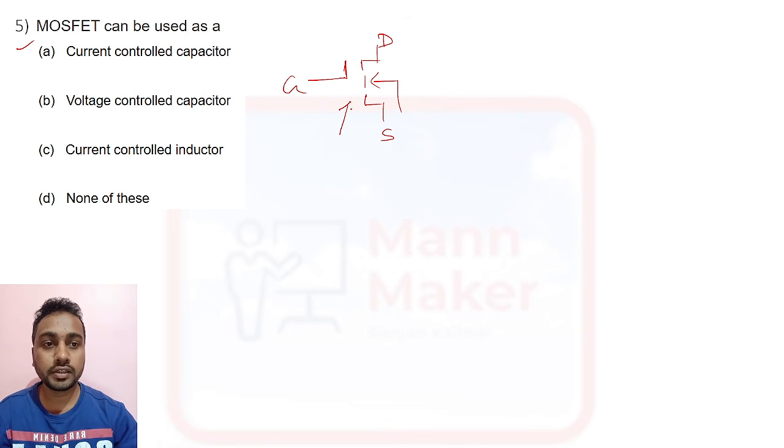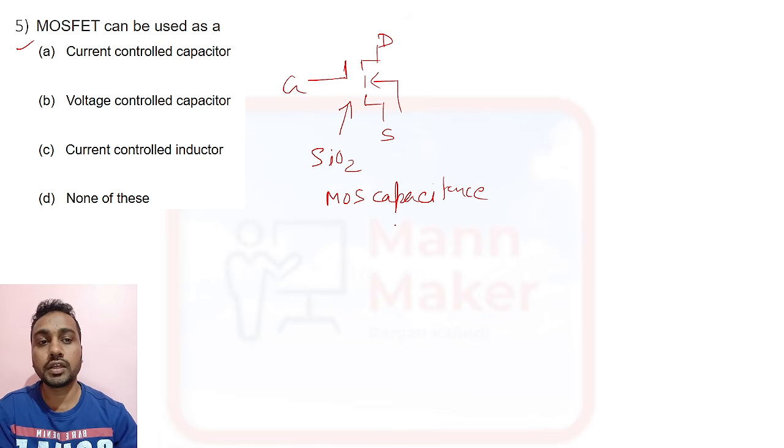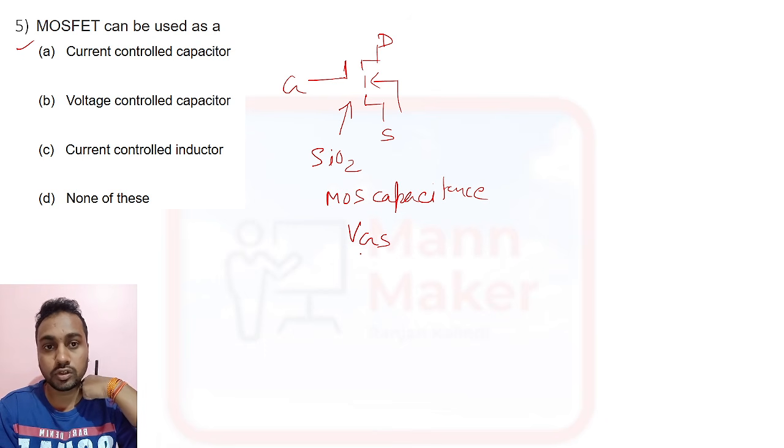Generally, in a MOSFET the gate and channel are separated by a thin layer of SiO2, and this forms a capacitor. So sometimes the MOSFET is called a MOS capacitance, and this MOS capacitance is varied by VGS, that is the gate to source voltage.